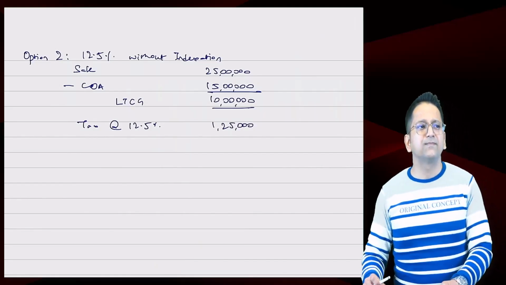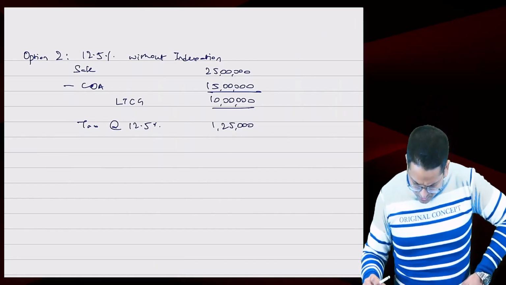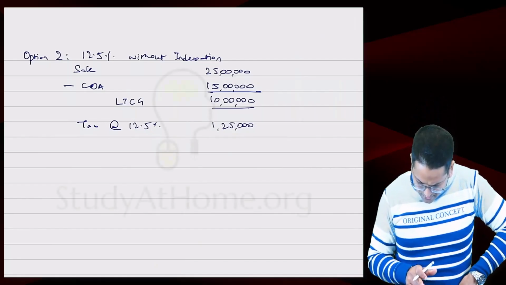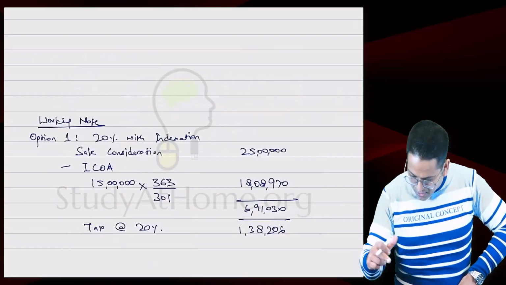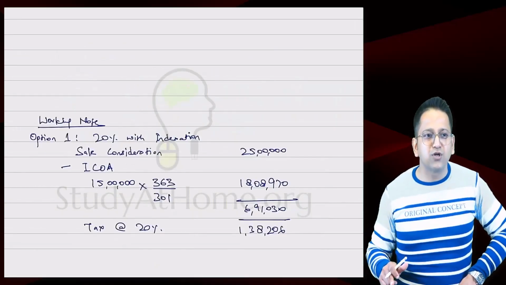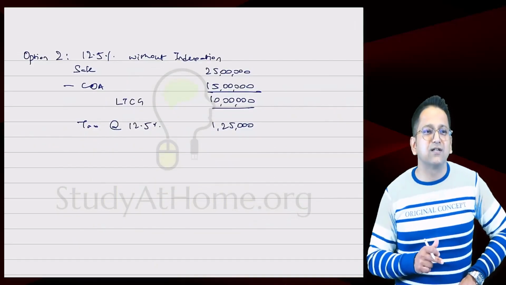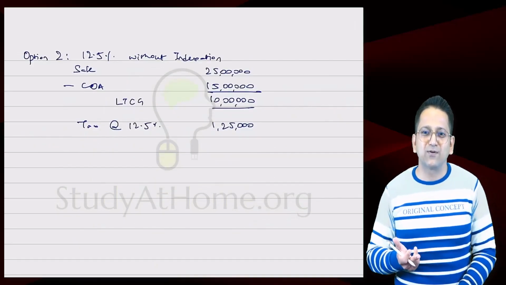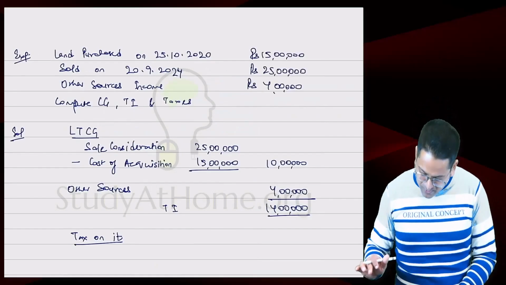Any problem till here? No, there should not be any problem. How much tax would you like to pay, 1,38,206 rupees or 1,25,000? Here you would prefer to pay 1,25,000 rupees, right?